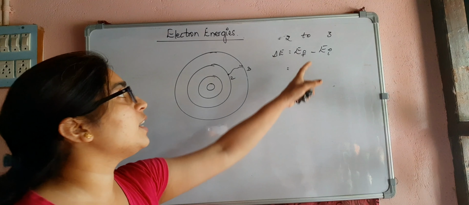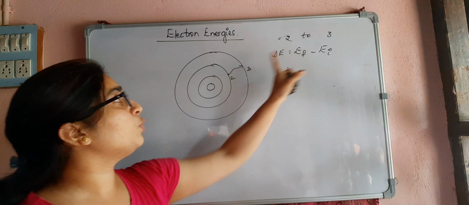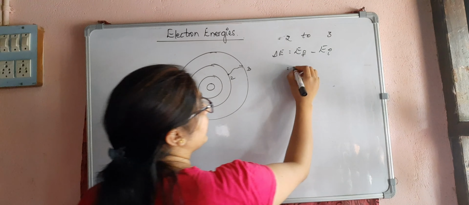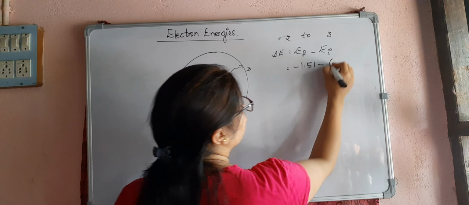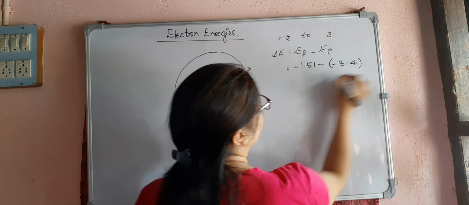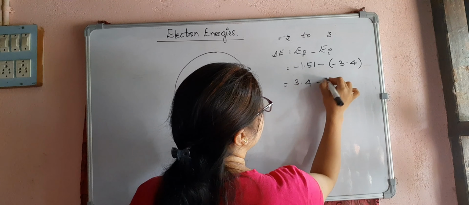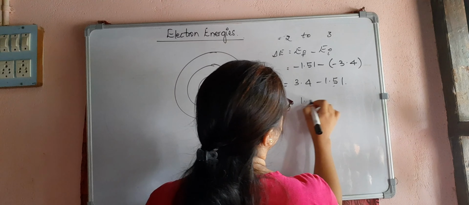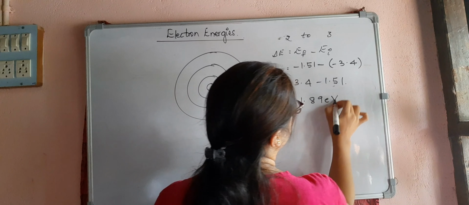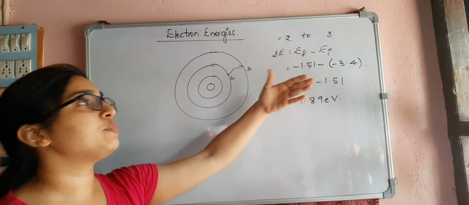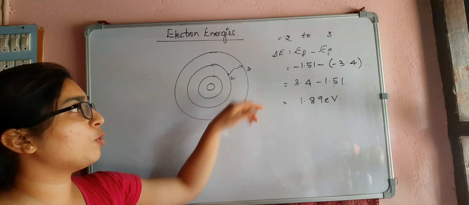What is the energy of n is equal to 3? It is minus 1.51. And the initial one is minus 3.4. So 3.4 minus 1.51 comes out to be 1.89 electron volts. So 1.89 electron volt is absorbed in this process.